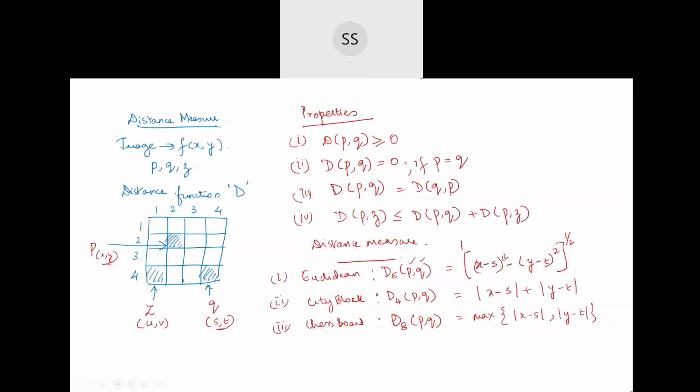In the case of Euclidean distance, you understood how it is done. Now take the same example, a 4 by 4 or you can take a 5 by 5.